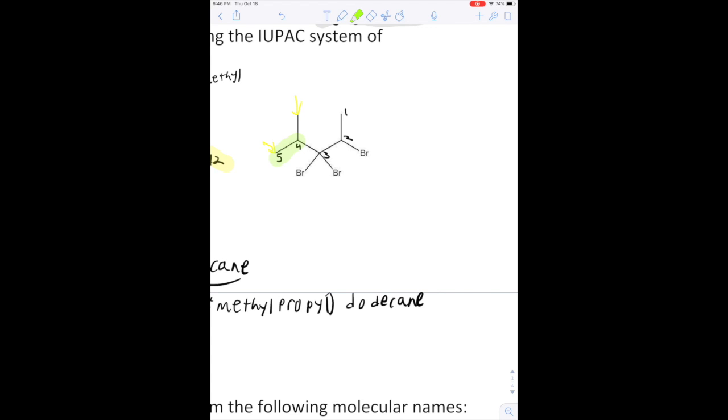Well, again, like I said, first rule, find your longest carbon chain, which is pentane. Second rule, the substituent should have the lowest carbon number, which in both of these sides they do. Now this applies to the third rule. Third rule being which one comes first alphabetically. Bromo beats a methyl group.